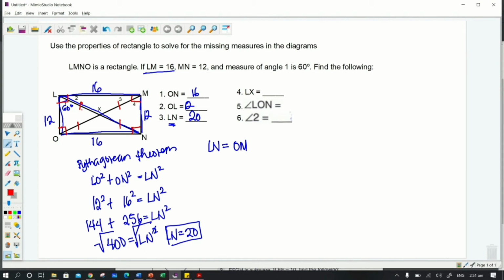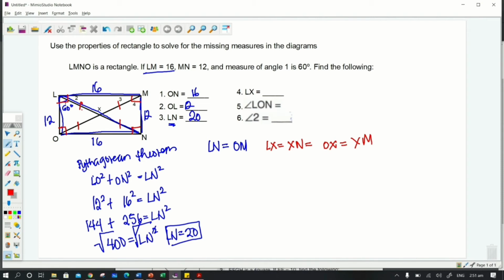But then take note, since equal si LN at si OM, pwede nating sabihin na si LX ay equal kay XN ay equal kay OX ay equal kay XM. Bakit? Dahil nga po parehas yung kanilang sukat ng diagonal.